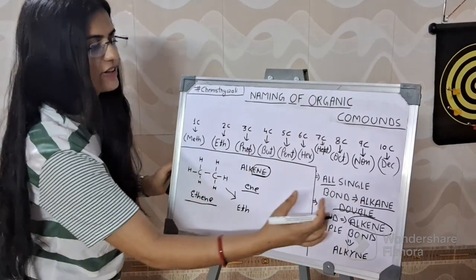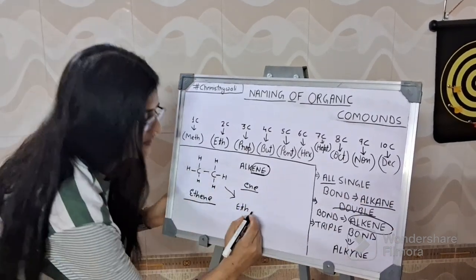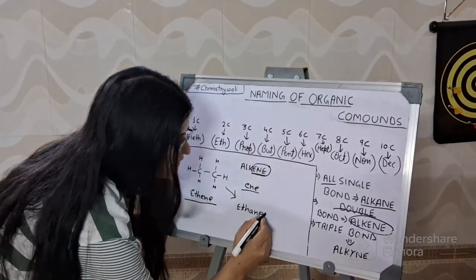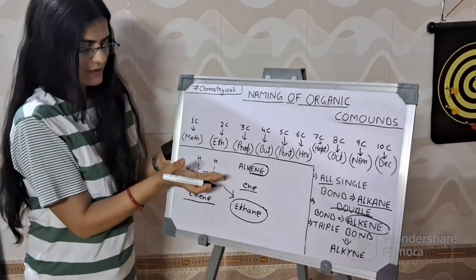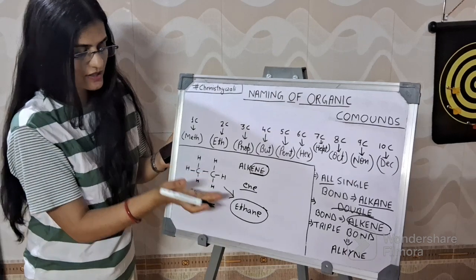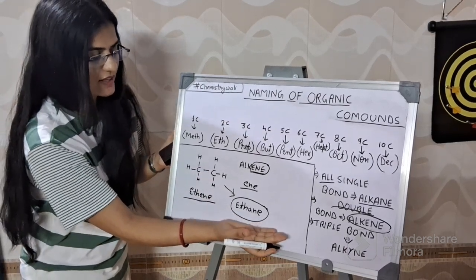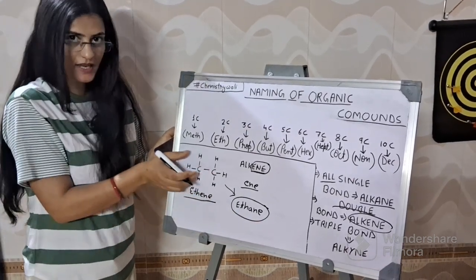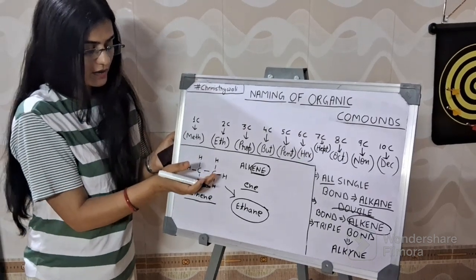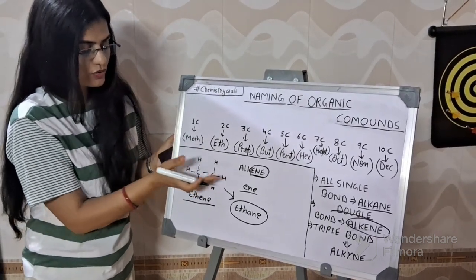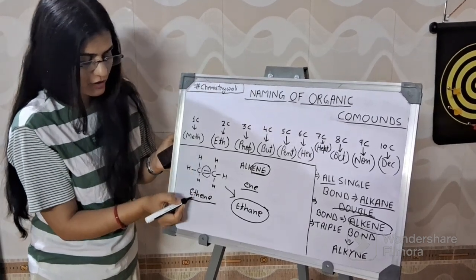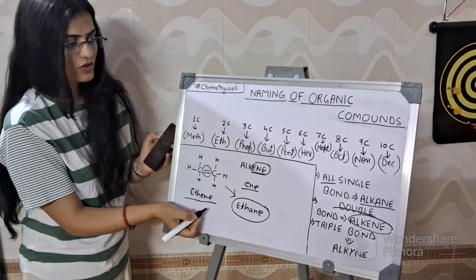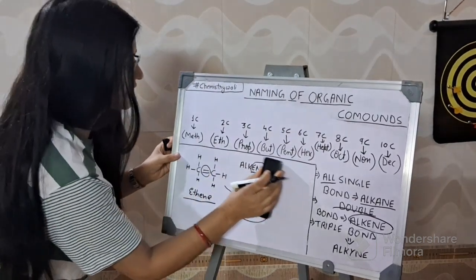For alkane we are using the suffix ane. When 2 carbons are there and between the 2 carbons a single bond is there, the name of the compound is ethane. When it is the same 2 carbons, but not all are single bonds, between the 2 carbons one double bond is there, it means the compound will be ethene. So this is how we will name the compounds.